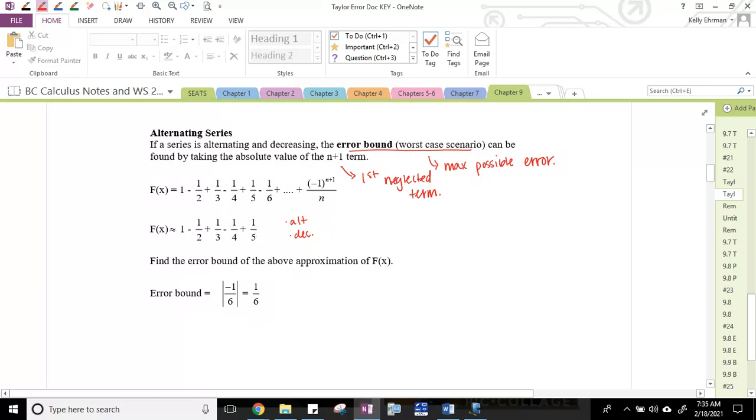If I went out to the fifth term here, then the sixth term, the next term in line, is the maximum possible error. So even though it's negative, we take the absolute value and say maximum error is 1/6.